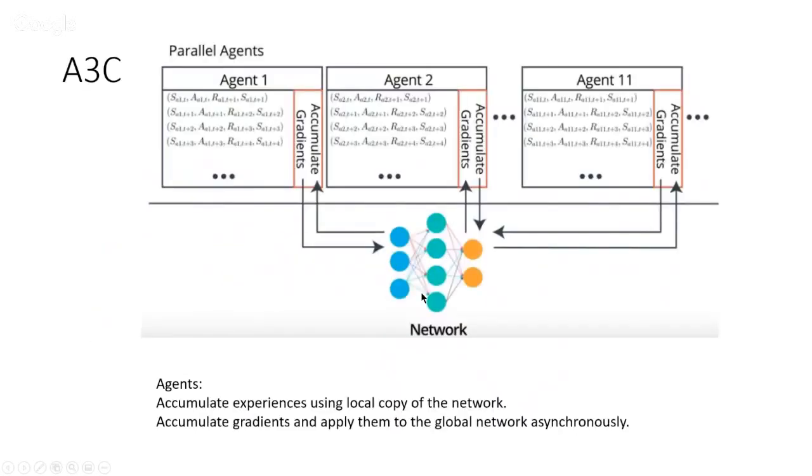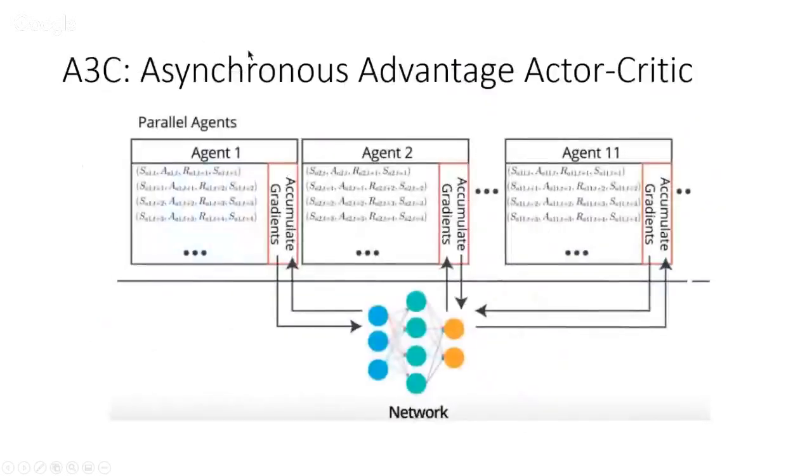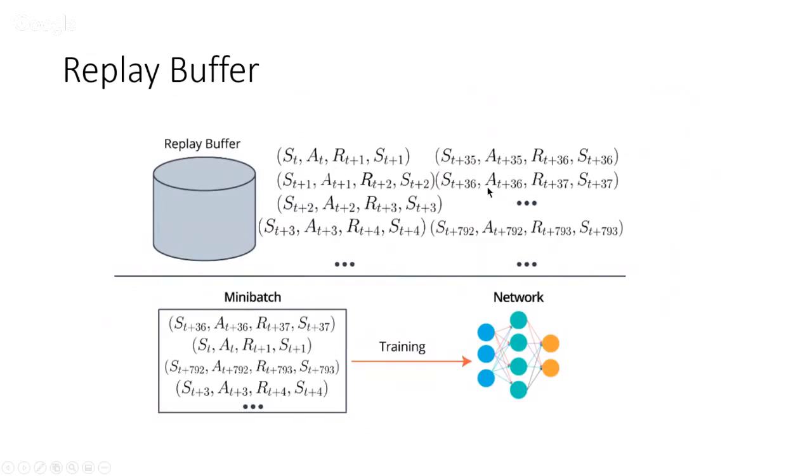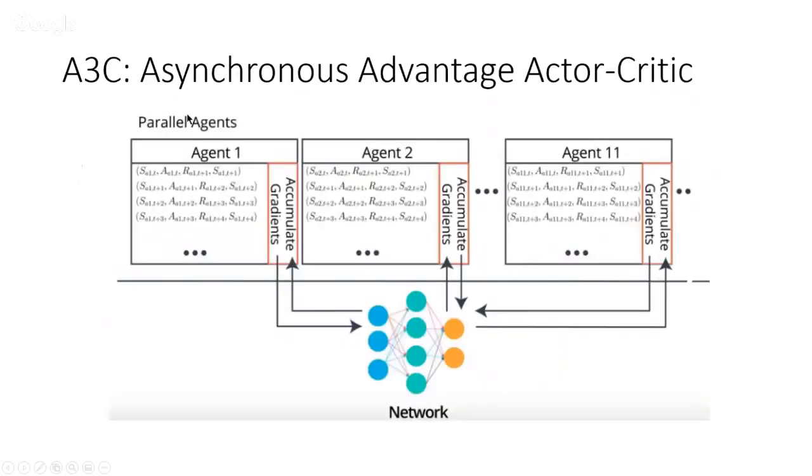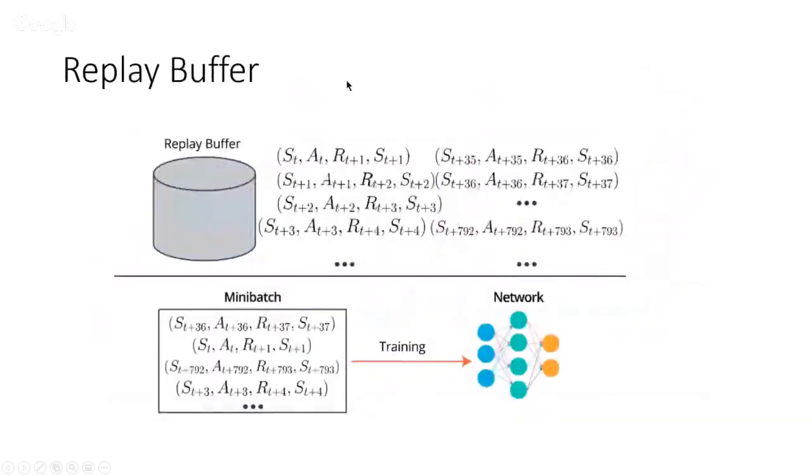So going back to this, A3C is on policy, with all the different agents doing things together, whereas using a replay buffer is off policy.